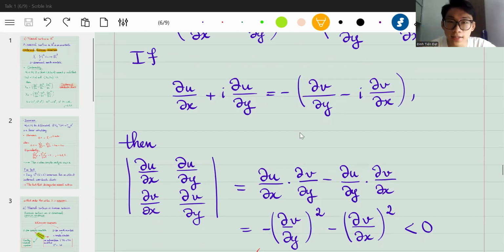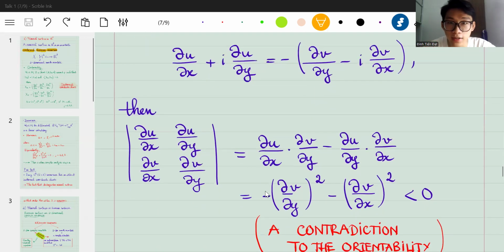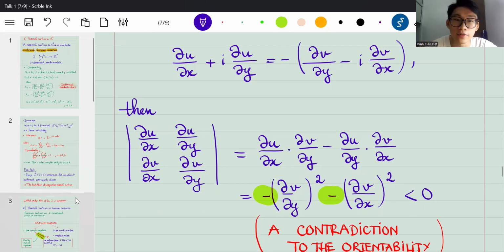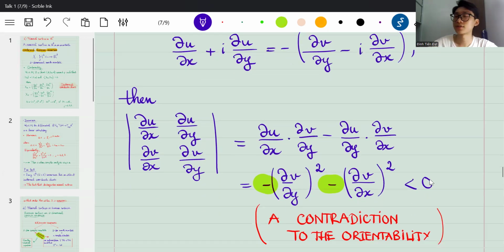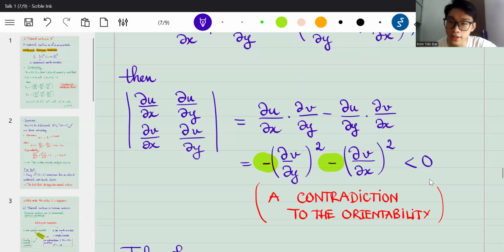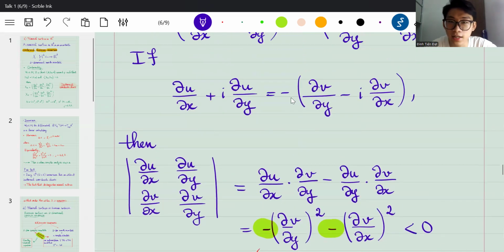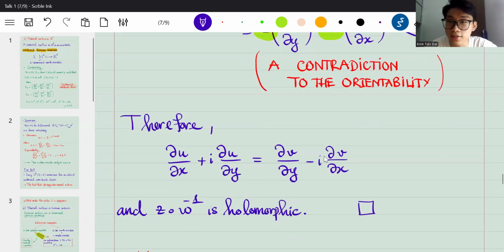Because the minus sign is here, it leads to two minus signs here, which shows that this determinant is negative, which contradicts the fact that this manifold is orientable. That is, these two charts are orientation compatible, right? So the minus sign must not be there, and so we have these Cauchy-Riemann equations. And so that is the proof.